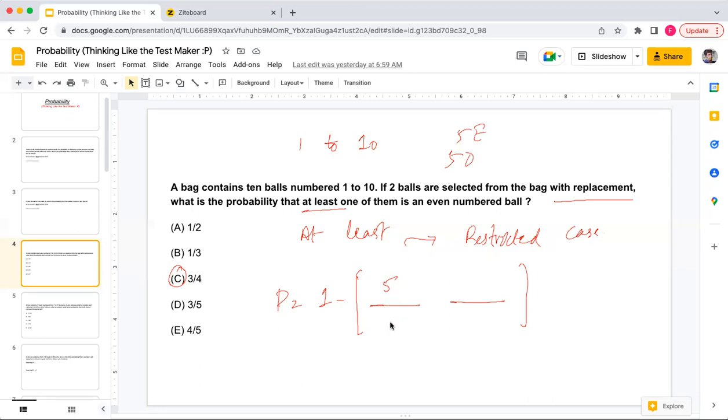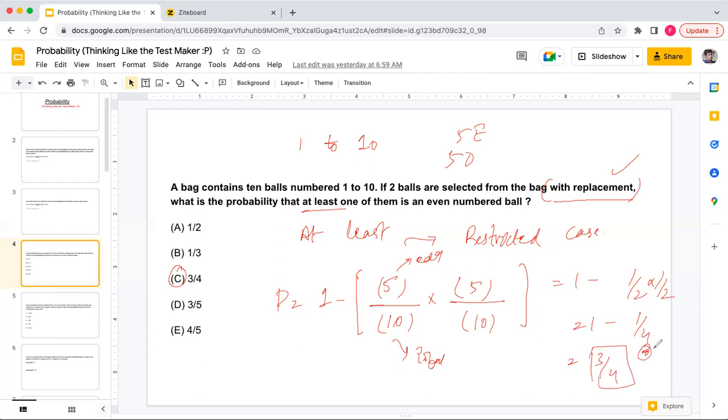So this is what? 5/10. This is for odd and this is for total. Into, again, this is 5 and again this is 10 because this is the with replacement case. So this will be 1 minus 1 over 2 into 1 over 2, which is 1 minus 1 over 4, that is 3 by 4.